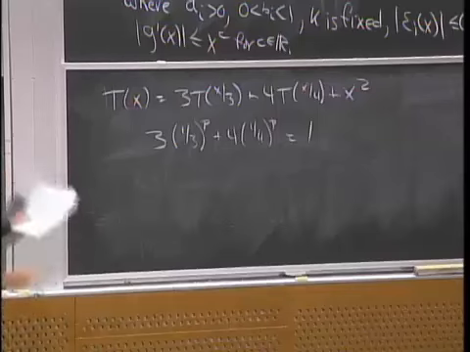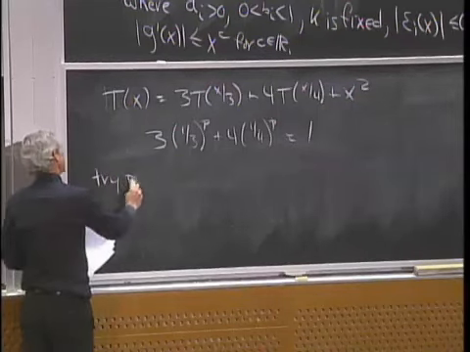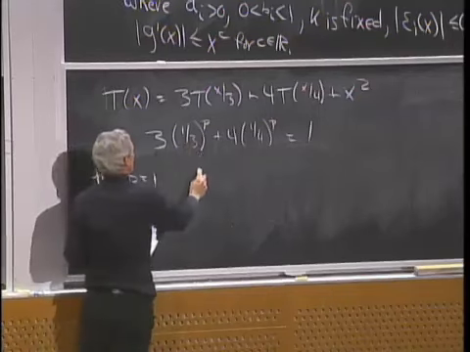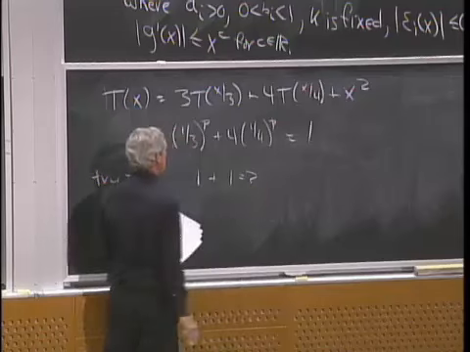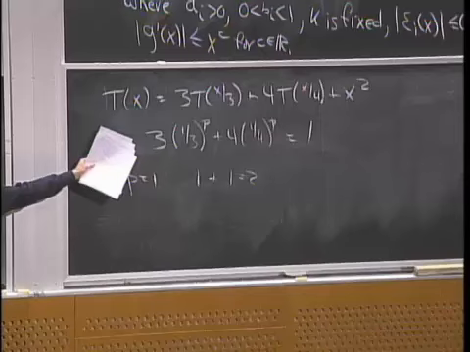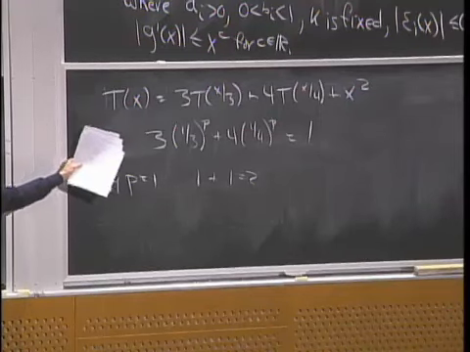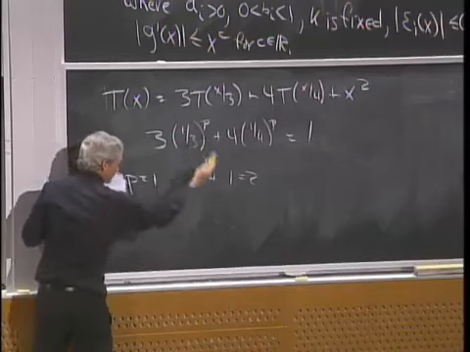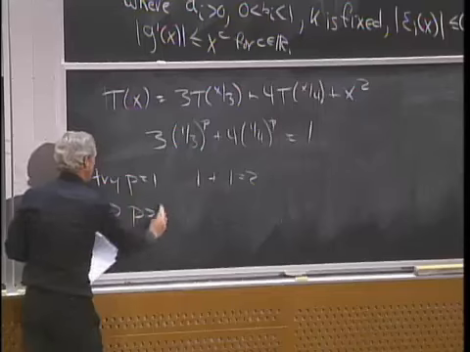Let's try p equals 1. I get 1 plus 1 is 2. That's too big. So which way do I have to go on p? Do I need a bigger p or a smaller p? Bigger, because I've got to get from 2 down to 1. So I know that p is bigger than 1.